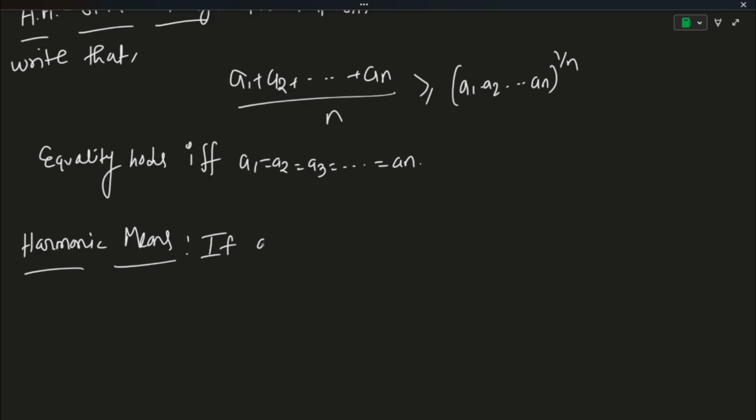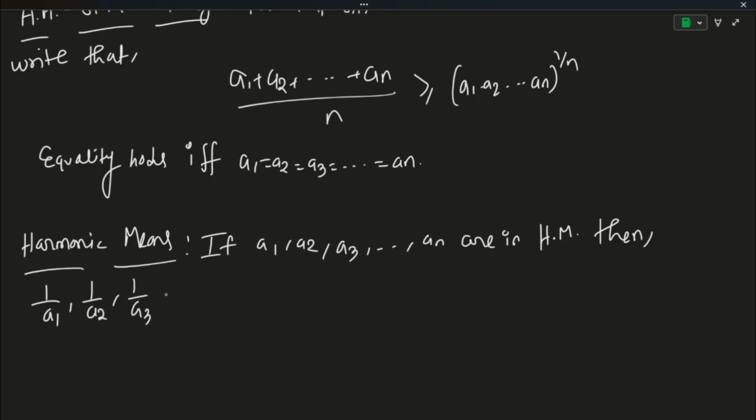Because if A1, A2, A3 to AN are in harmonic progression, then 1 by A1, 1 by A2, 1 by A3, all the way up to 1 by AN are in arithmetic progression, or AP.